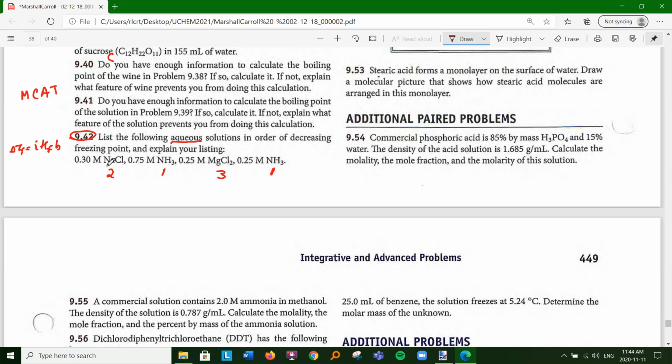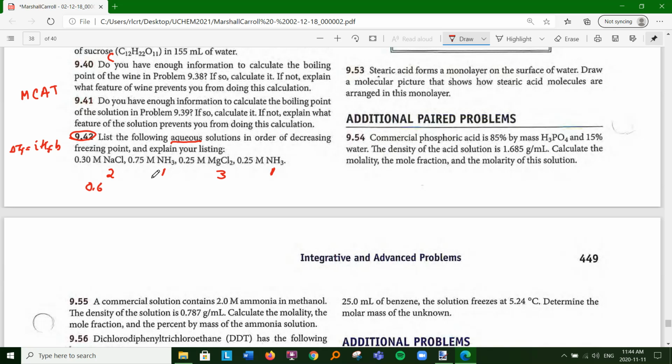So we have 0.3 moles of NaCl, which means 0.3 moles of sodium plus and 0.3 moles of Cl minus. So together it's really 0.6, right?